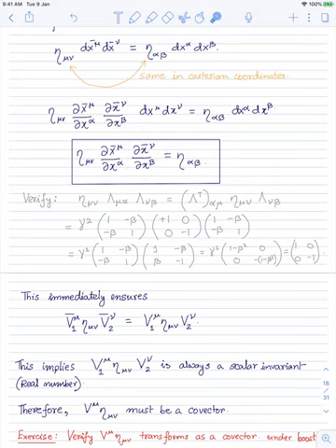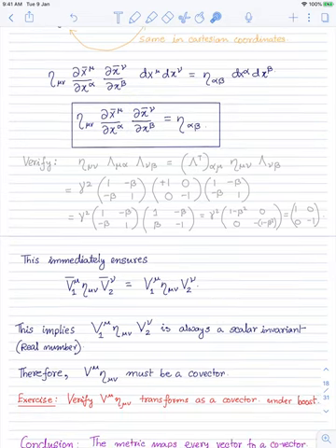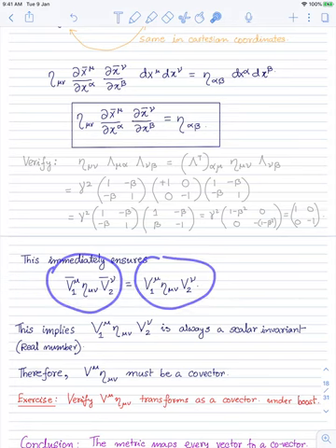So if I do a boost transformation, let's say, then what I'm going to get is this eta times these lambda matrices. And eta times those lambda matrices is going to give me an eta back, and therefore this form is going to remain invariant.